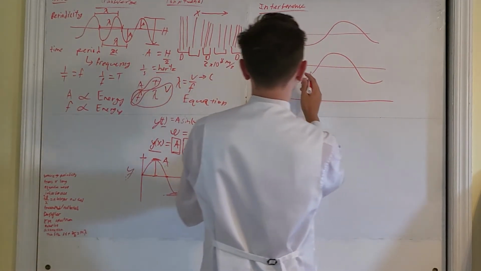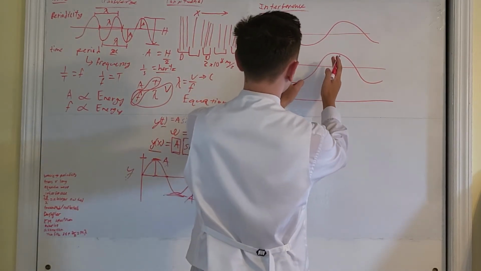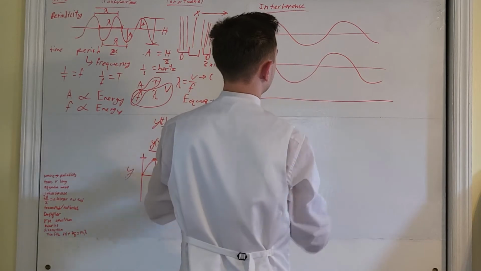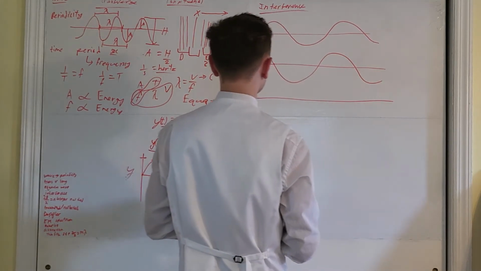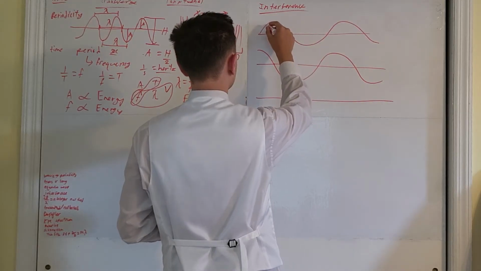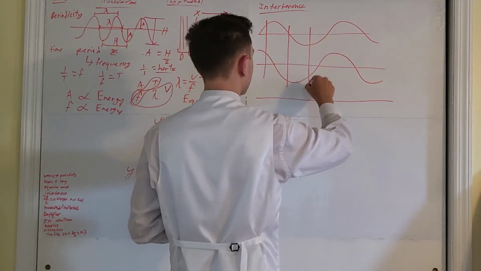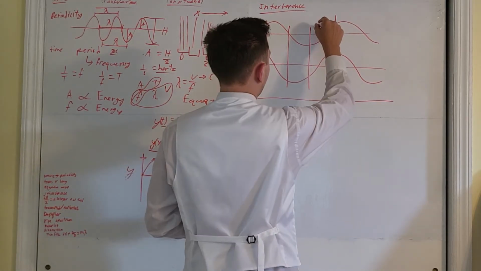Let's try and look at a graph of the resulting wave. So if we look at these, this one on the bottom is just moved slightly to the left, in reference to this guy on the top, okay? So let's consider it point by point. That's what you've got to do when you add waves.